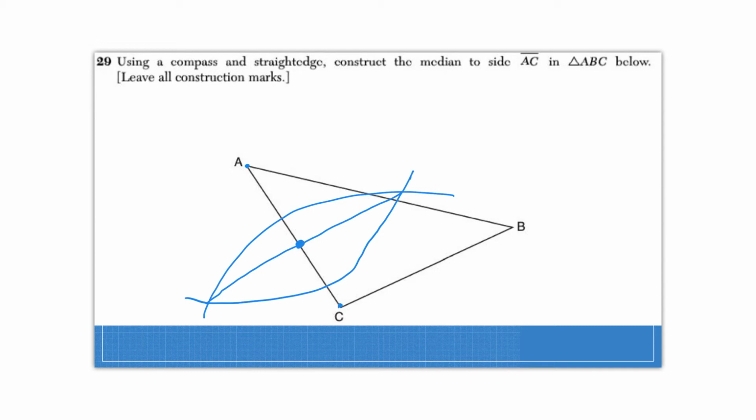Now, you wouldn't erase this construction mark, but we don't actually care about the perpendicular bisector. Don't erase it like I did on your regions. We need to leave all construction marks, but once we identify that midpoint, now we can take our straight edge and connect it to B, and this line here is the actual median, not the perpendicular bisector. That only helped us find the midpoint because it bisects it.